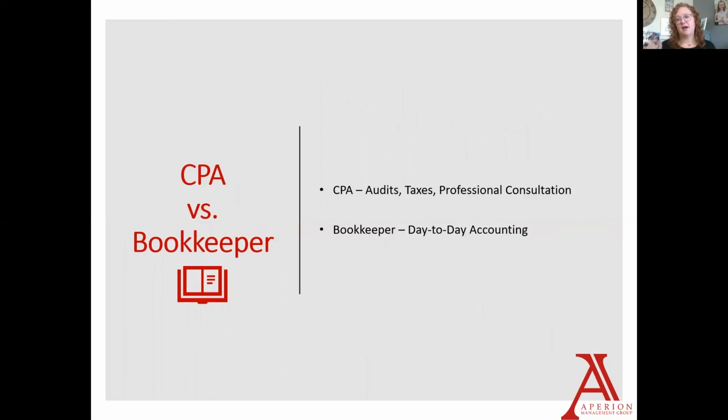Important to understand that our managers and our employees are not CPAs. We are essentially what you would consider a bookkeeper. We are processing your day-to-day accounting, but we are not credentialed CPAs. That is why you are engaging an outside firm to make sure that your taxes are filed and your financial review is looked at. If your community requires an audit, that is all done by a CPA firm.